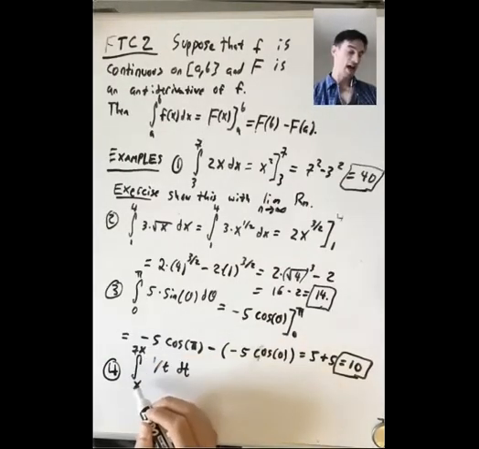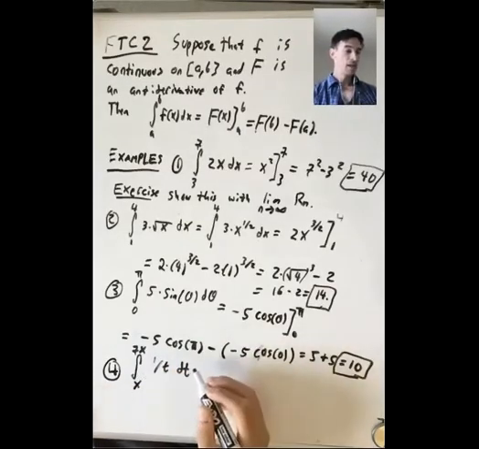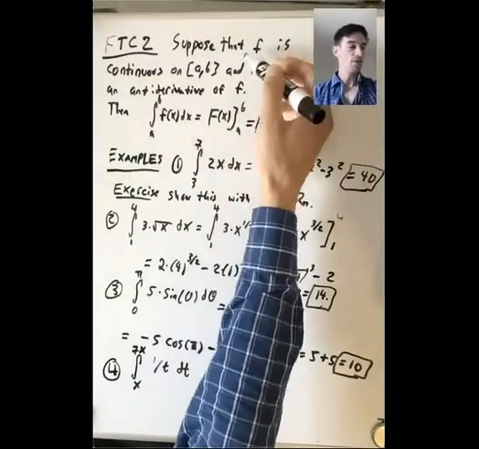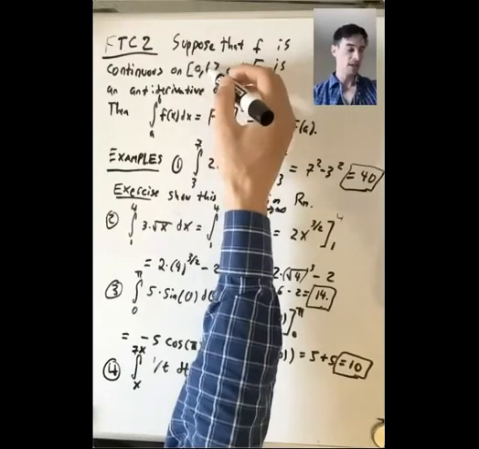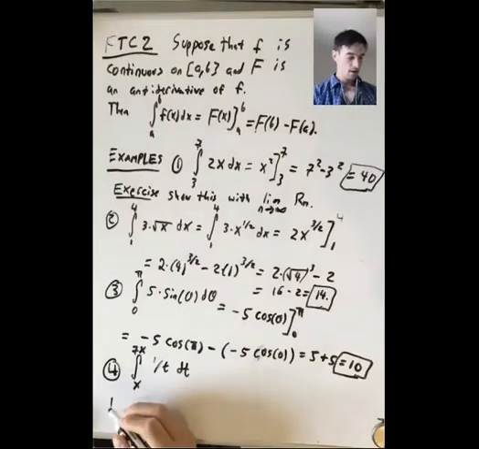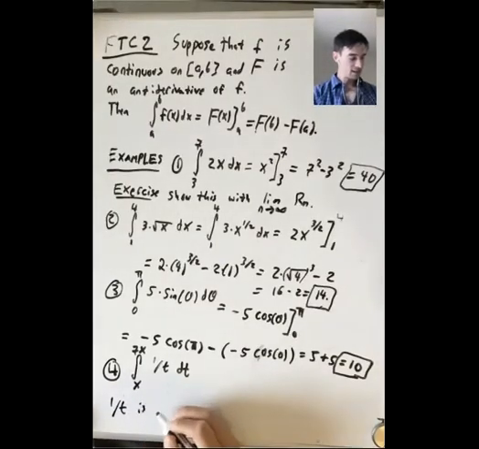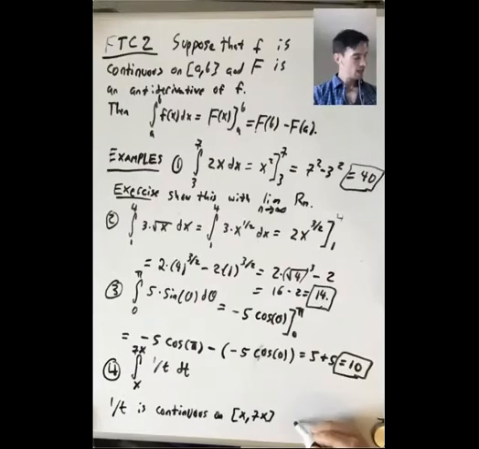If x is a half, you get 1/2 to 7 halves, and so on. If we want to apply FTC2, we need little f, 1 over t, to be continuous on the interval from a to b. And 1 over t is not continuous everywhere, but 1 over t is continuous on the interval from x to 7x for any x.